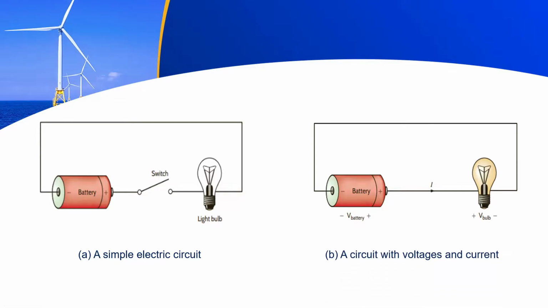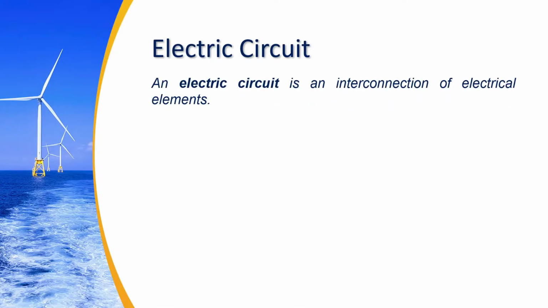Okay. So, ano ba yung electric circuit? So, let's define it first. So, an electric circuit is an interconnection of electrical elements. So, kung ano yung sinabi natin kanina na ang simple electric circuit is merong voltage, current, and resistance.